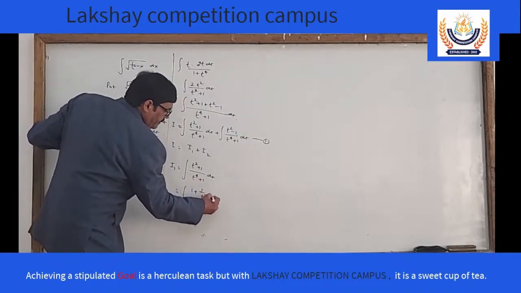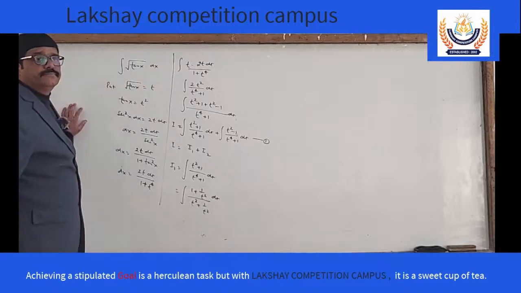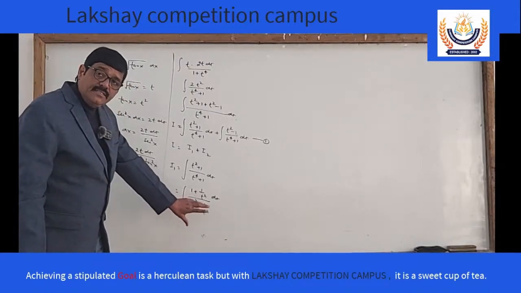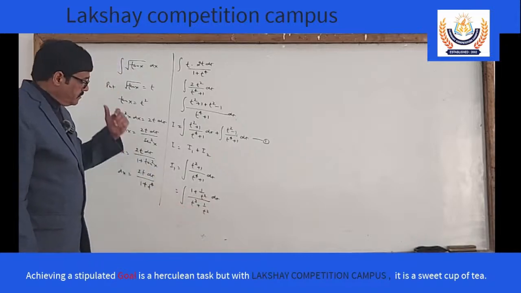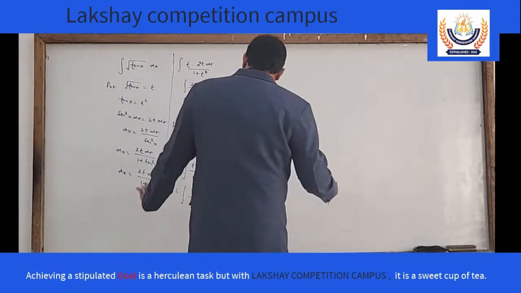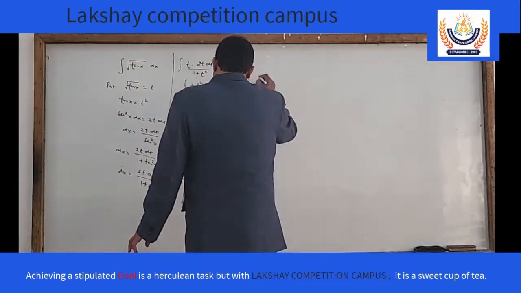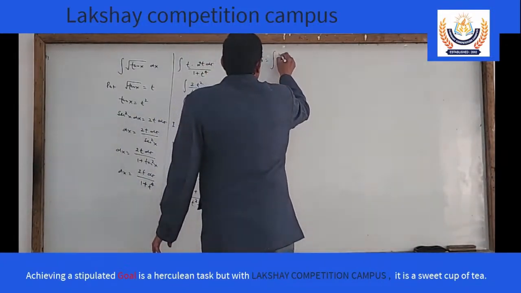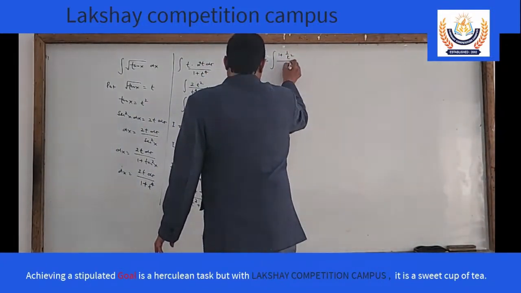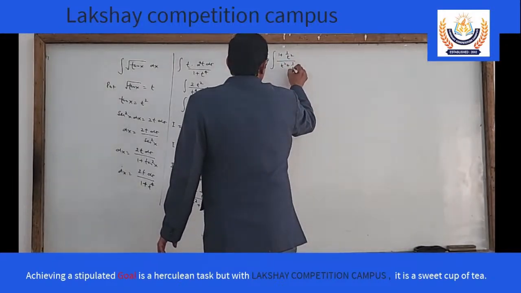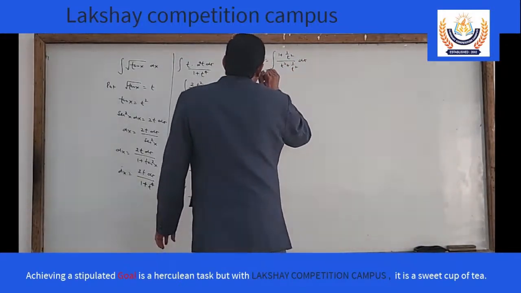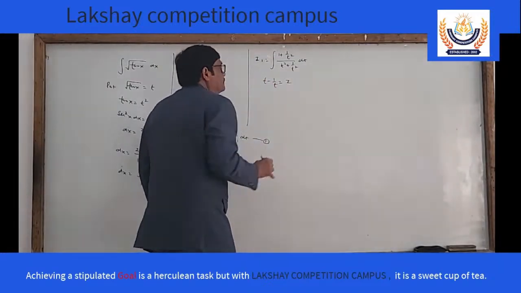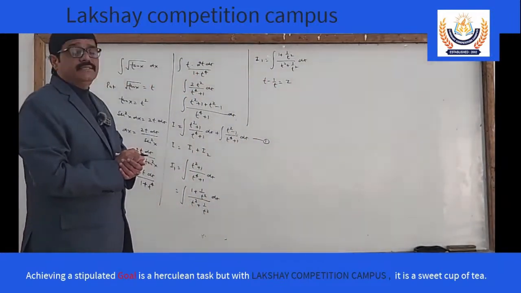If there is a plus sign, then you assume t minus 1 by t as z. So I1 is the integral of (1 plus 1 by t²) dt over the denominator.